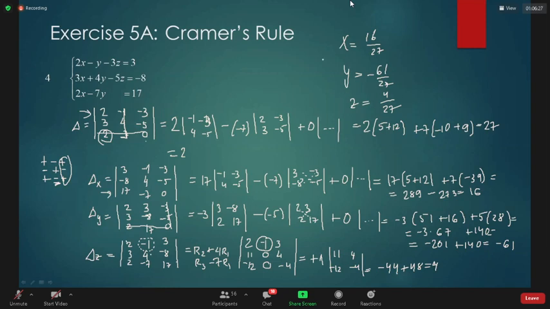And all these solutions are unpleasant fractions. So in the case where the solutions are unpleasant fractions, Cramer's rule is actually very convenient because then all you have to do is find the determinants, write down those fractions. If you solve it by the classical methods, it's much clumsier, messier, and less pleasant.